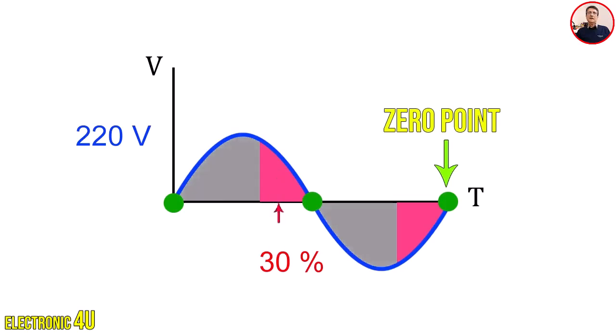This means the triac is off from the 0 crossing point up to a certain angle, and then it turns on. This must happen similarly in both the positive and negative half cycles. Therefore, only this final portion of the voltage, whether in the positive or negative half cycle, reaches the load, resulting in a lower effective voltage and less power being transferred.